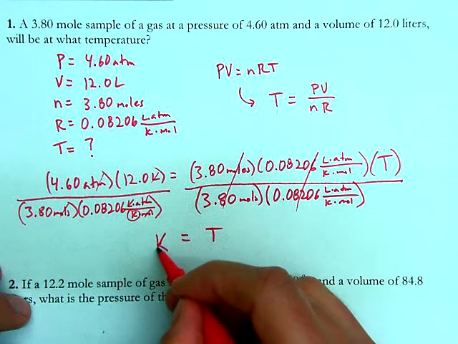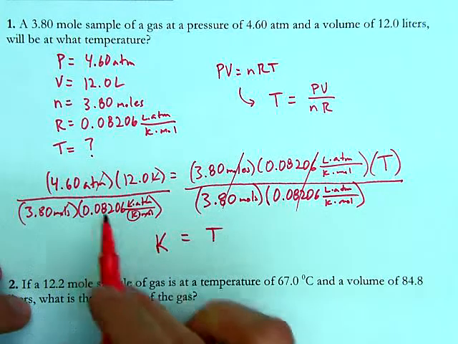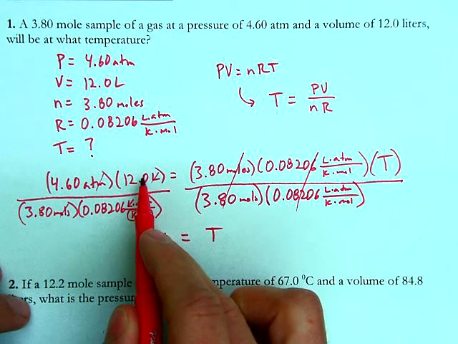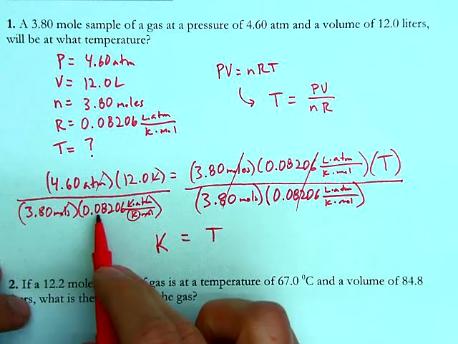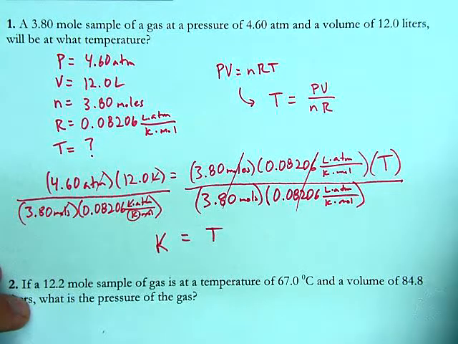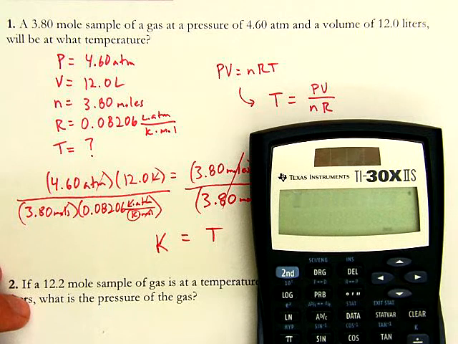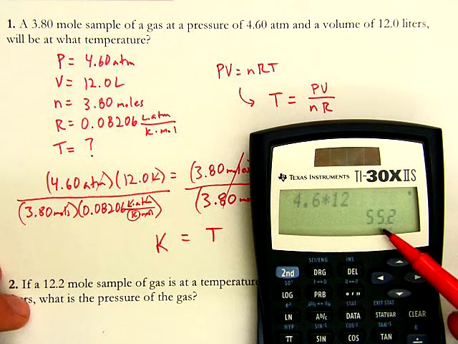So if we do this, 4.6 times 12, whatever that is, divided by the product of 3.8 times R. If we do that, our answer will come out in Kelvin. So just to show you on the calculator, 4.6 times 12, you get this number.